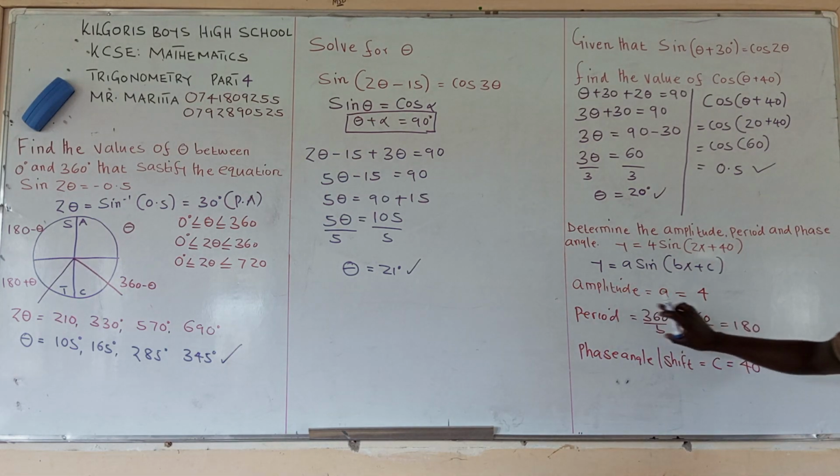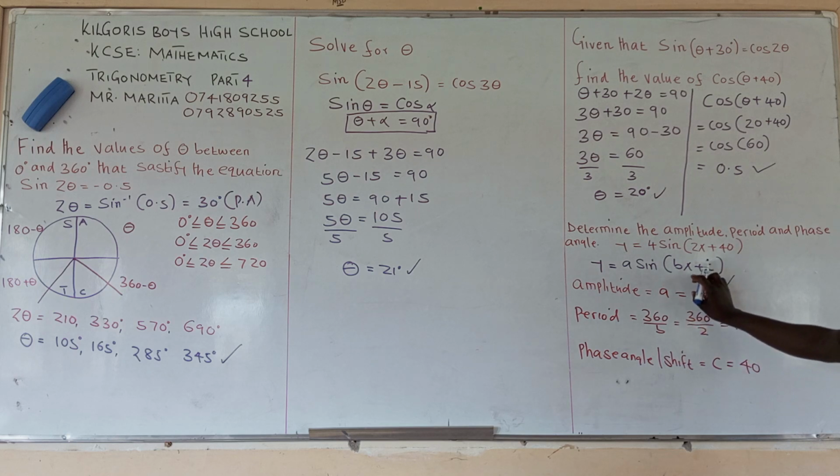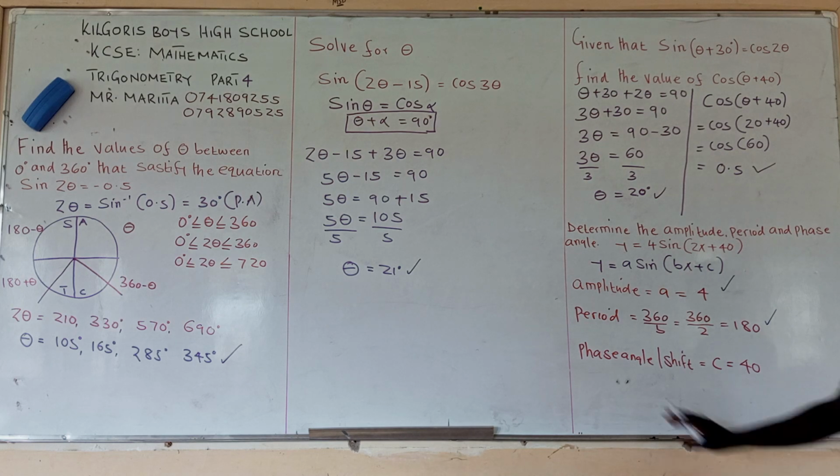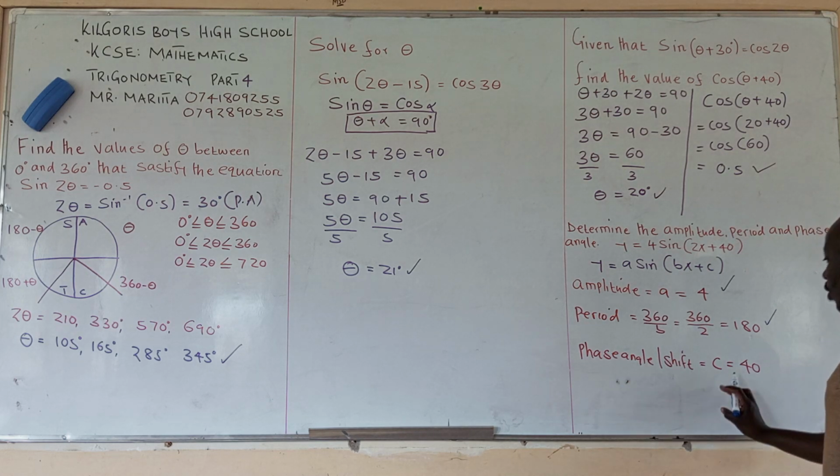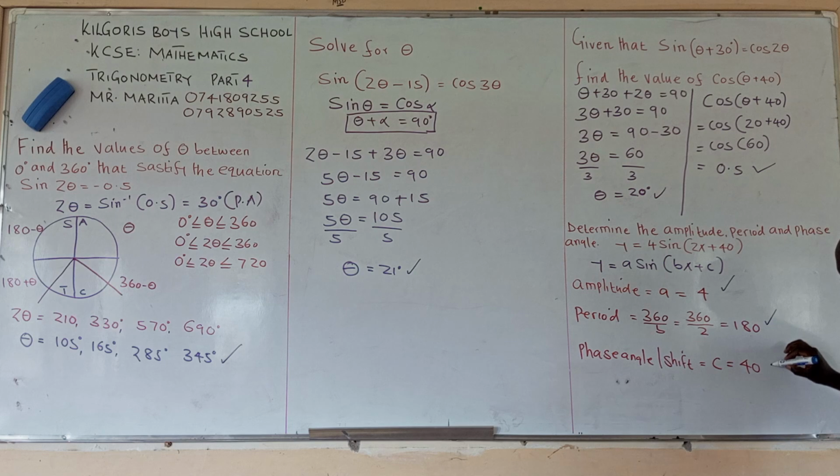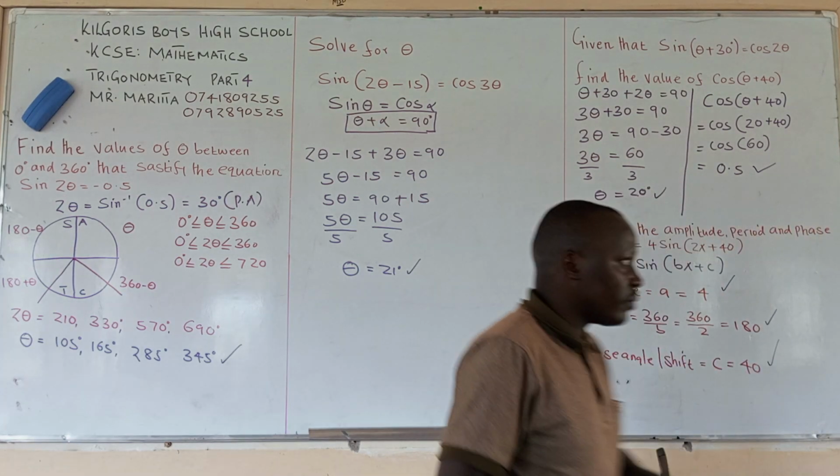So amplitude, you just talk of here, in this case, which is equivalent to 4. The period, you take 360 and divide it by the coefficient of x. The coefficient of x here is 2, and that one will give us 180. The phase angle or the shift angle is just that constant C, which is equivalent to 40 degrees.